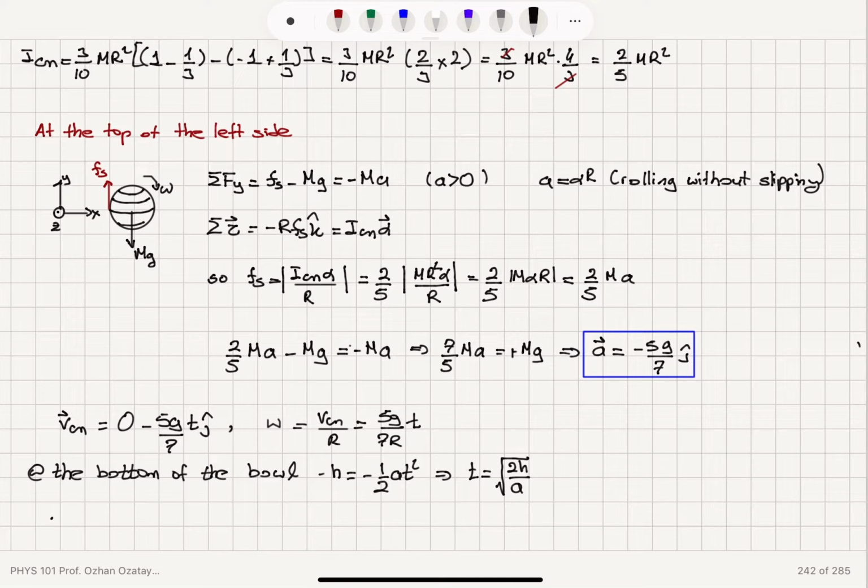So we can calculate the final velocity of the center of mass at the bottom.